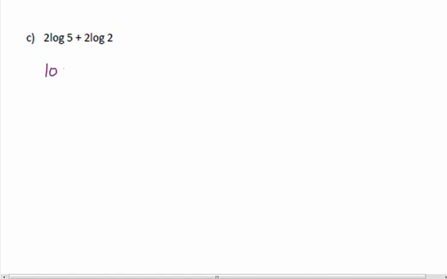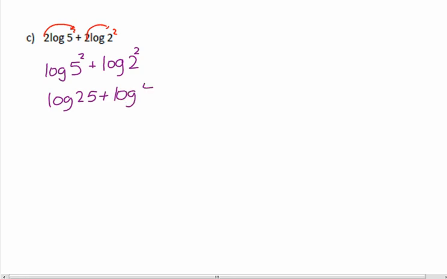So it becomes log 5 to the power of 2 plus log 2 to the power of 2, right? This becomes squared. This guy goes up here to make a square. You can only use your product and quotient law if the logs are by themselves. So this gives you log 25 plus log 4. Now can we use the product law? Yes. We have the same base.